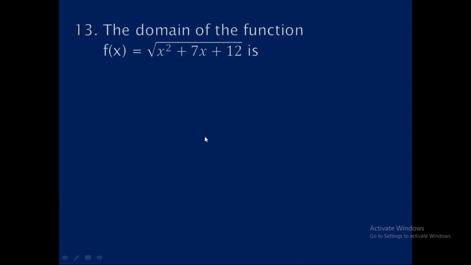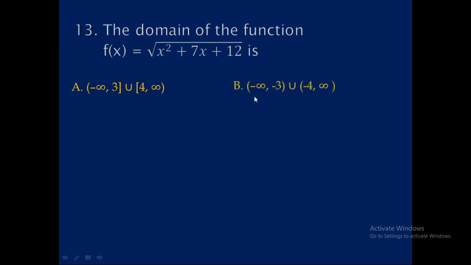The next example, the 13th question. The domain of the function f of x equal to square root of x square plus 7x plus 12 is... Here we find the domain of the function f, defined as the root of x square plus 7x plus 12. Option A: semi-closed interval minus infinity to 3 union semi-open interval 4 to 8.